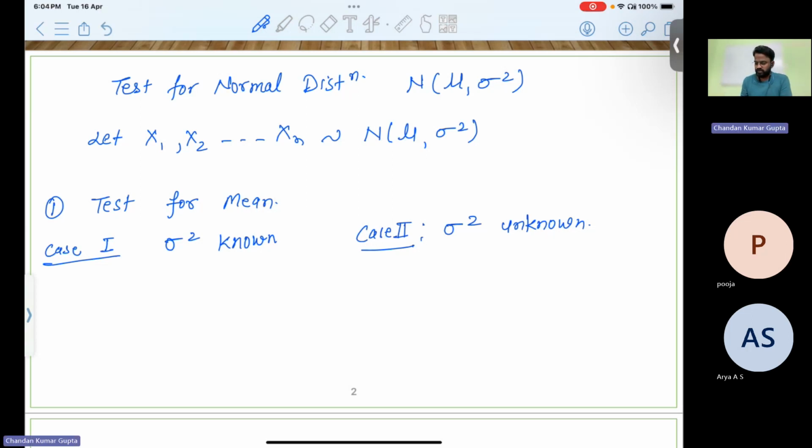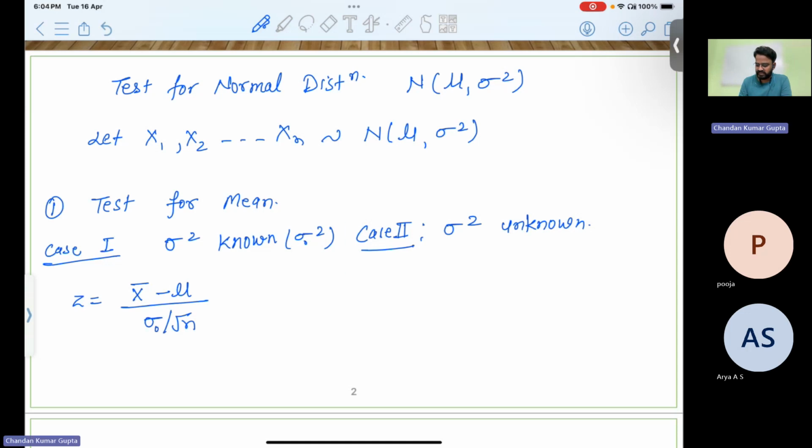Okay, so when we are testing for mean when sigma square is known, our test statistic will be Z, which is x bar minus mu upon sigma by root n. Since it is known, suppose it is given as sigma naught square, any value of sigma square, so we may write sigma naught square here.